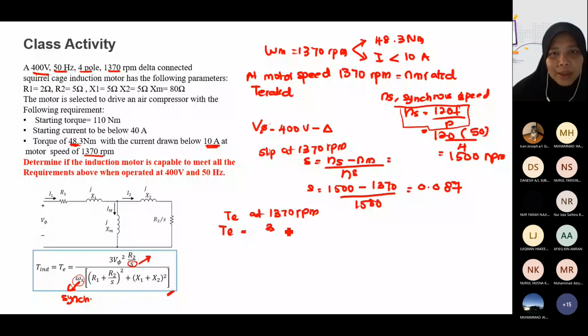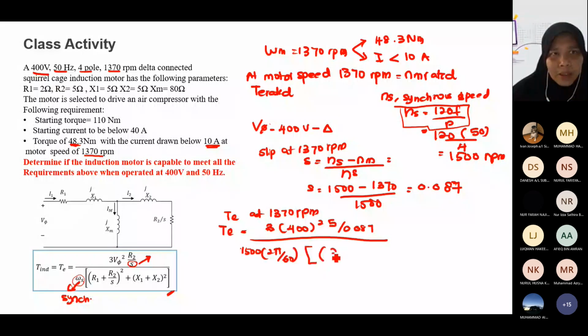Can you try? 400 squared, R2 is 5, over 0.087. The speed is in radian per second, so you change it.